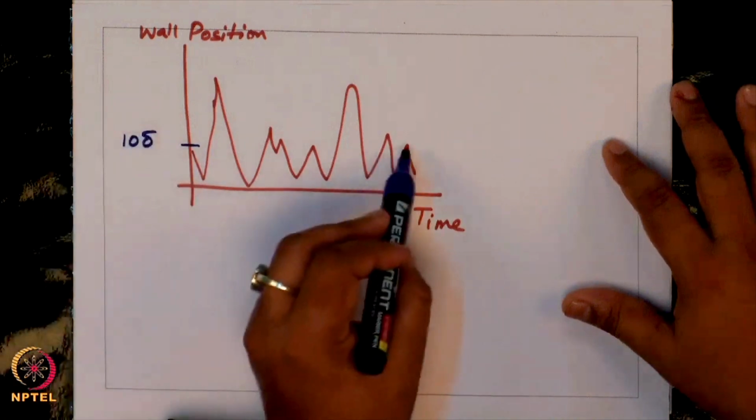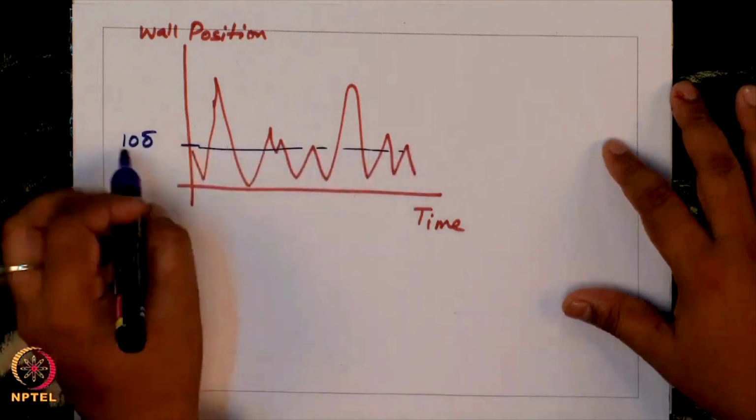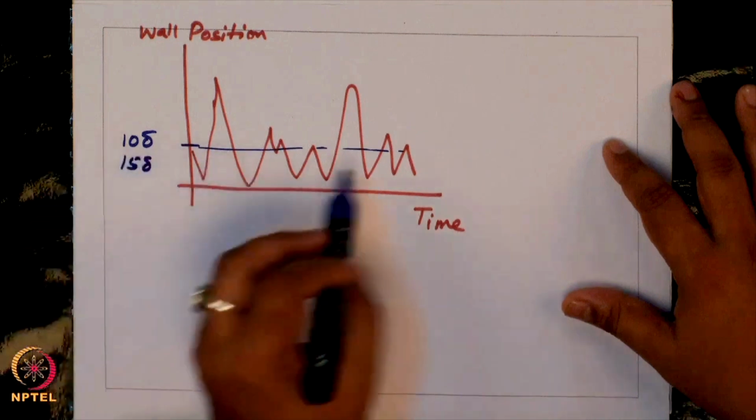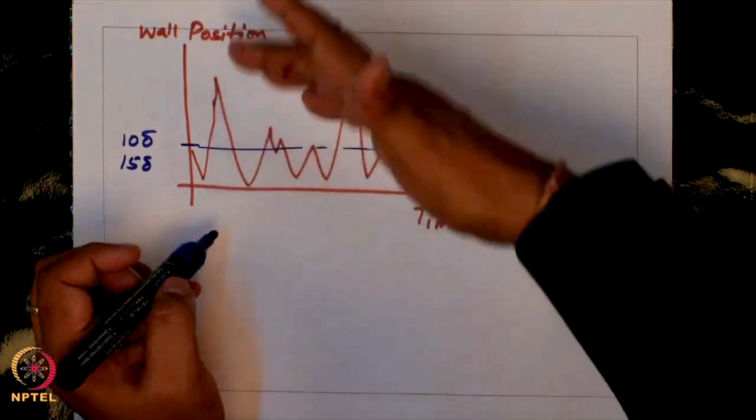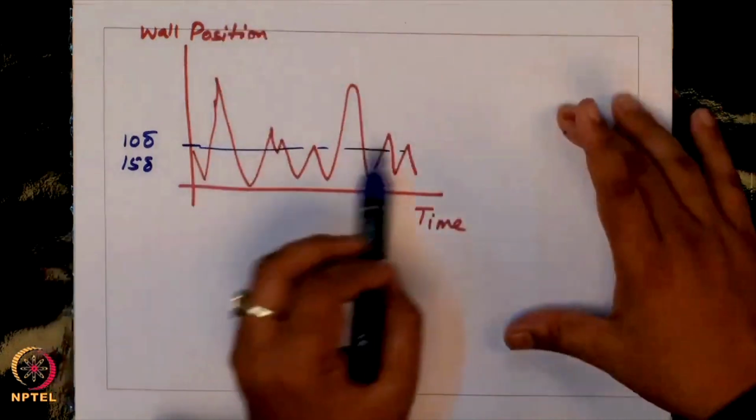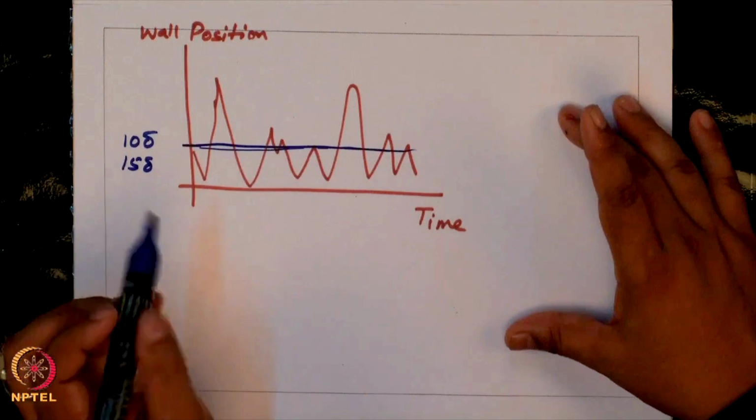In that case, multiple number of times 10 delta or 15 delta, you will see every once in a while the position of the wall is much beyond this distance at which branching is triggered.